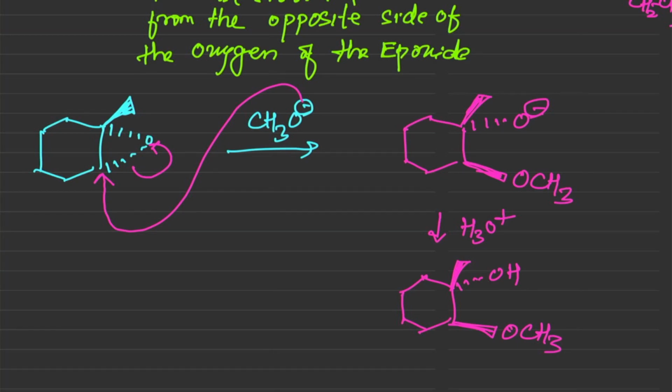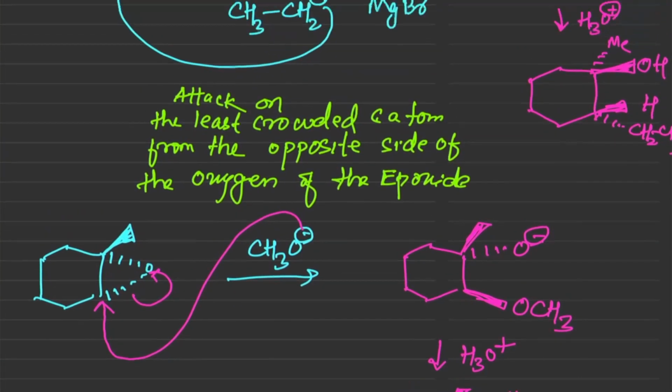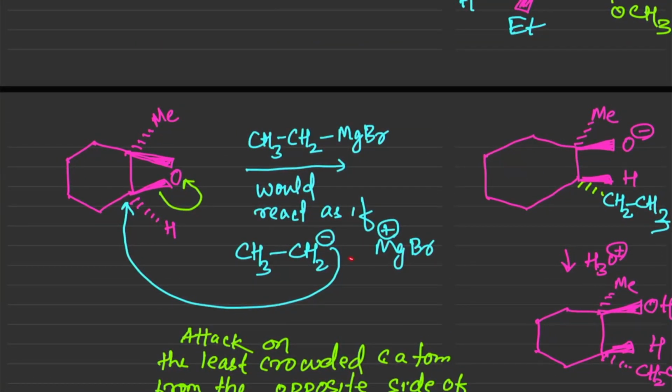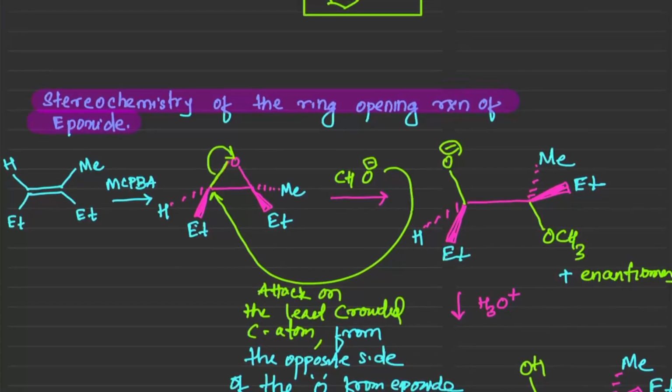Again, always remember the nucleophile comes from the opposite side of whichever direction the oxygen is pointing. Same here, whichever direction the epoxide oxygen is pointing, the incoming nucleophile is always going to be on the opposite side of it.